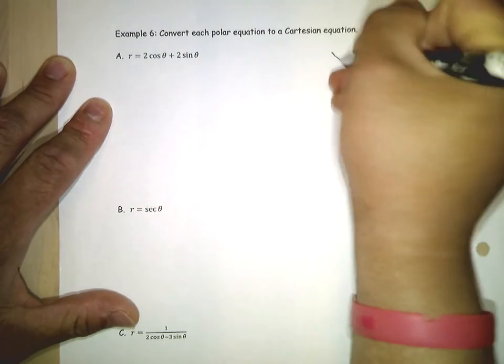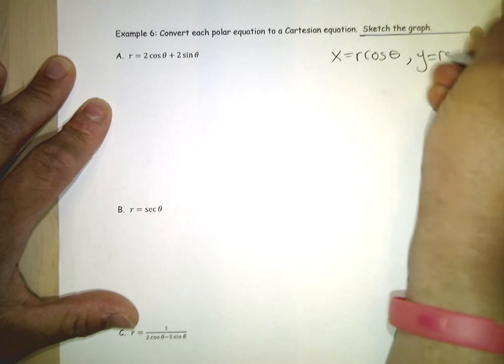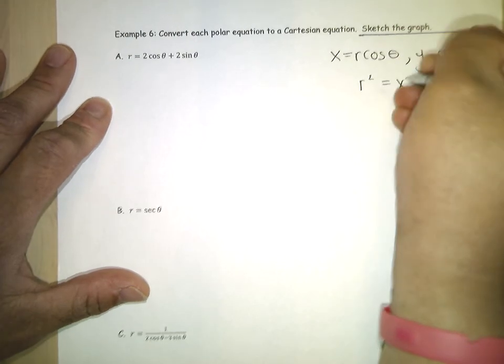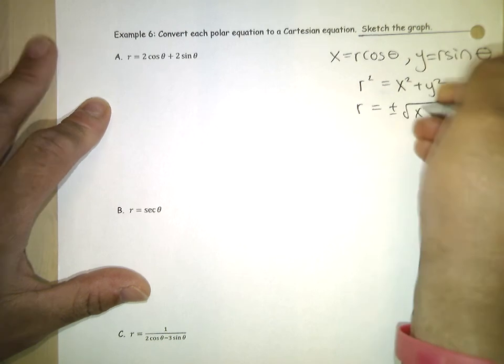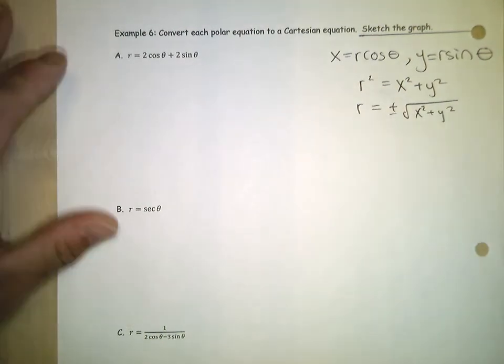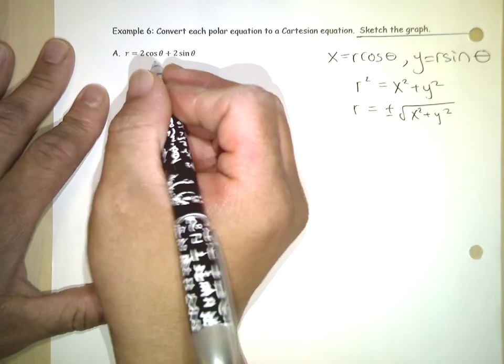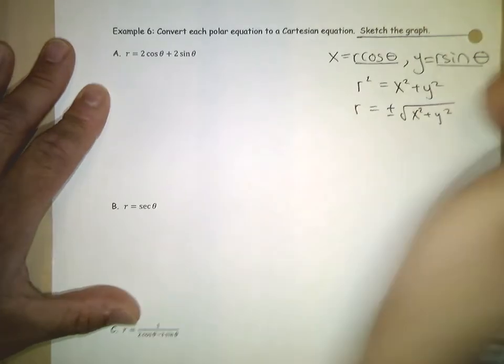All right, so remember I said x is r cosine of theta and y is r sine of theta. And r squared is x squared plus y squared, or r is plus or minus the square root of x squared plus y squared. So here I need to convert this to x's and y's, but I need r cosine theta, r sine of theta.